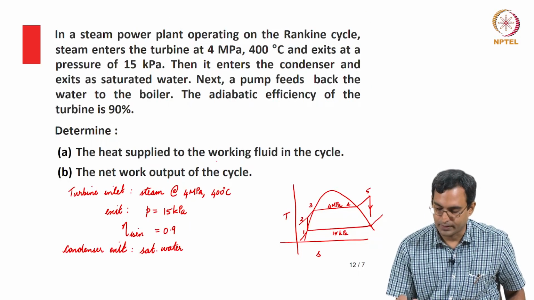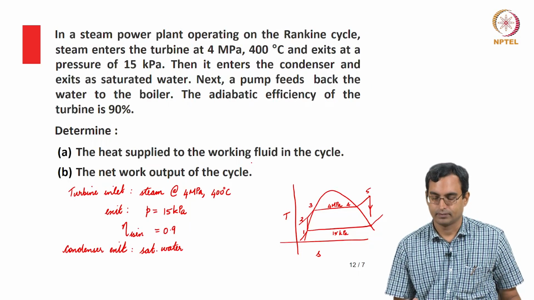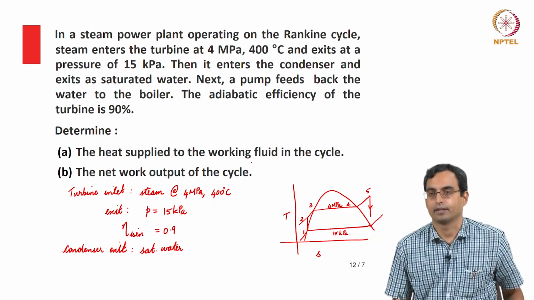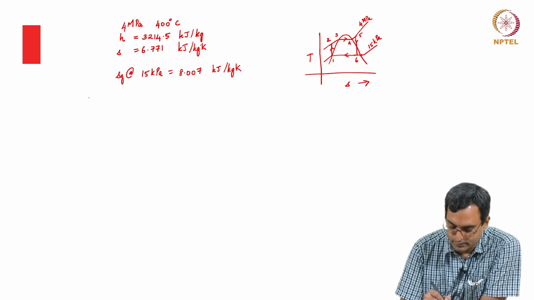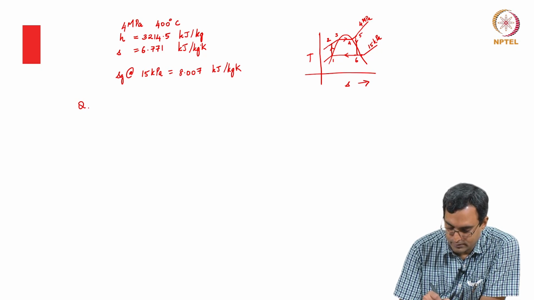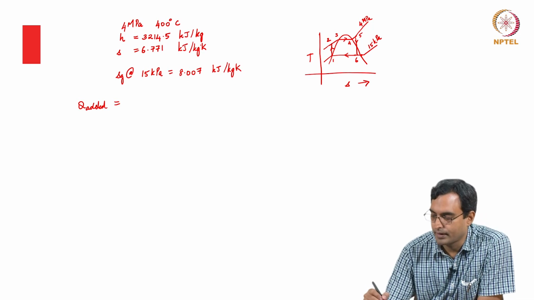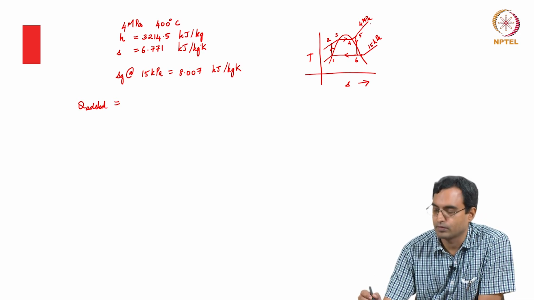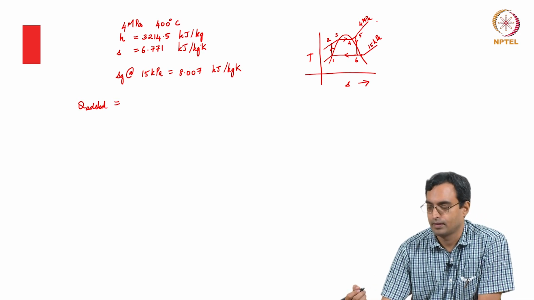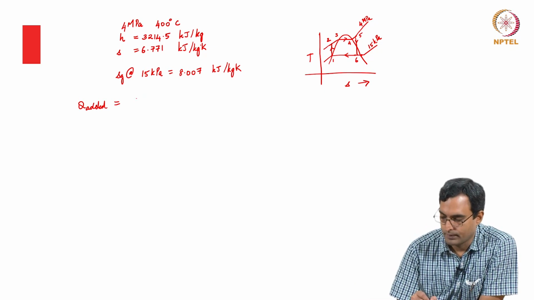So, we are asked to find out the heat supplied to the working fluid in the cycle and the net work output of the cycle. So, the heat supplied is supplied here in this process 2, 3, 4, 5, the constant pressure process. So, I need to know how much the heat supplied is.